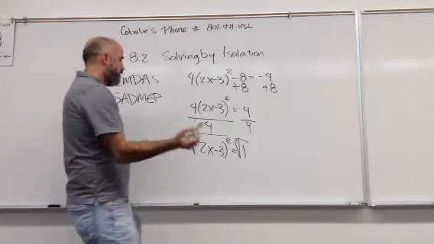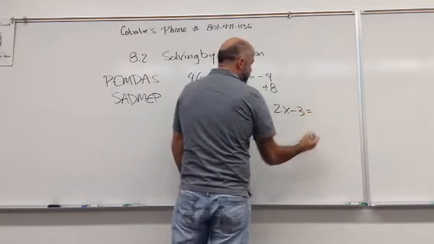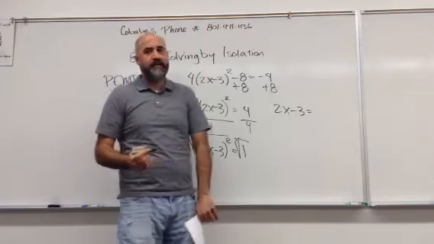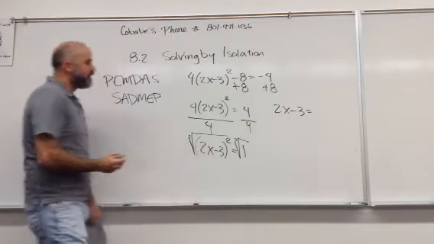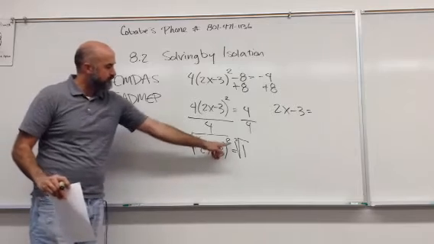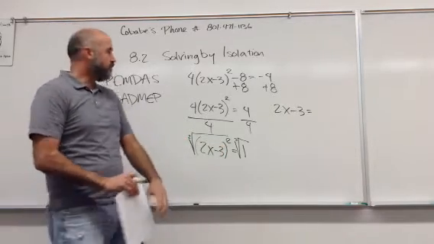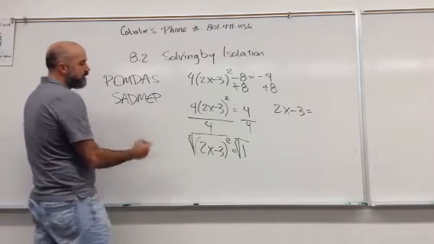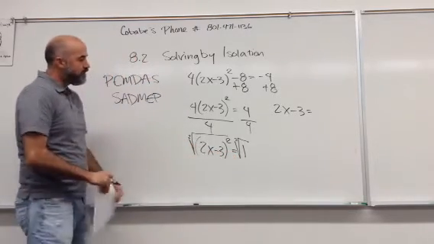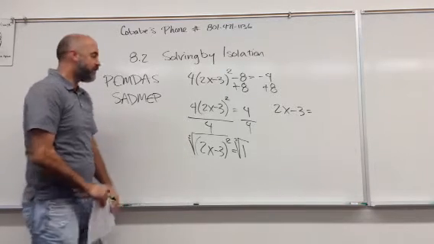So it's 2x minus 3 equals, and we need to take a little minute to do a sidebar for what happens when you have x squared, you take the square root of that, you have to do the plus or minus of the other side. So when you do the variable square rooted, that's when you do plus or minus.